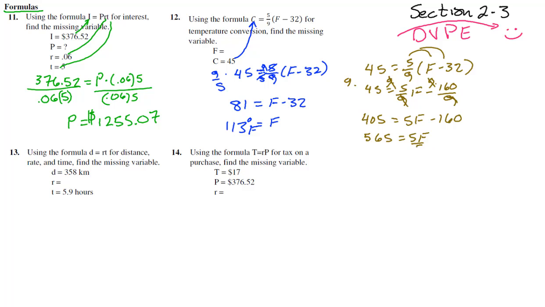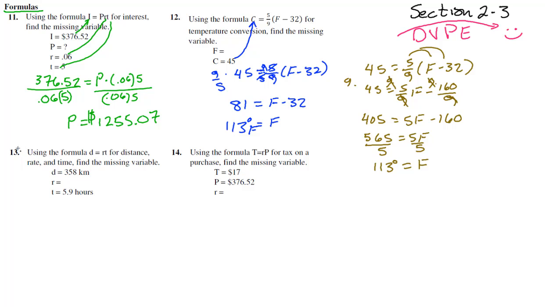And then divide by 5 and divide by 5. And that becomes 113 equals F. And we get the same answer either way. So this peeling off is a little bit easier, but following our 5 steps to simplify, get rid of parentheses and fractions and everything will also work very well.